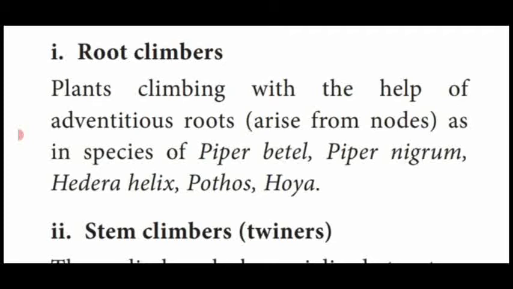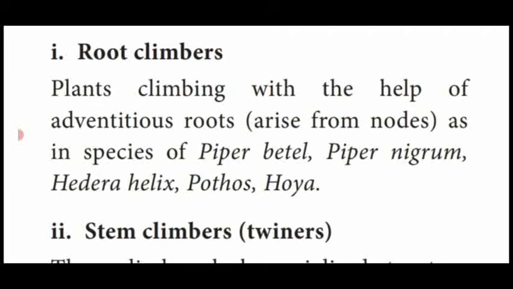Okay. So the first type of climber is root climbers. Dear students, the plants which climb or twine around the host plant by producing adventitious roots in the nodal region of the stem are known as root climbers. Example, Piper betle, I told you, in Tamil it is Vetrilai. Piper nigrum, that means pepper, milagu.